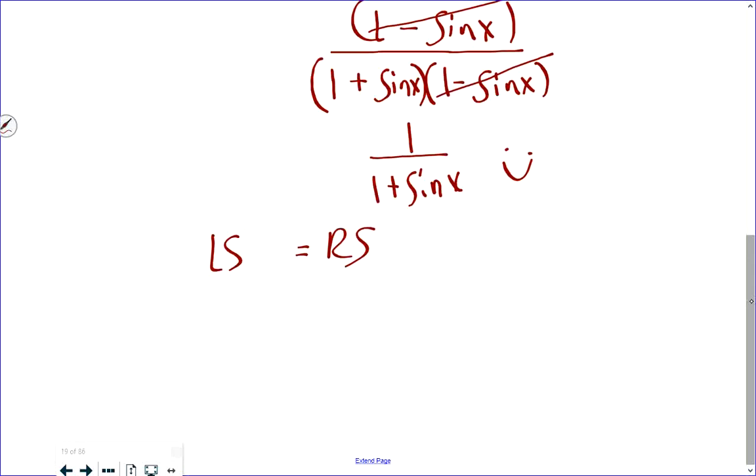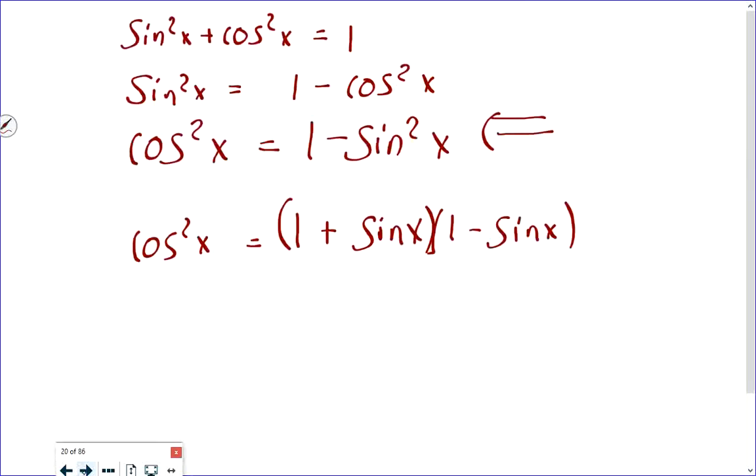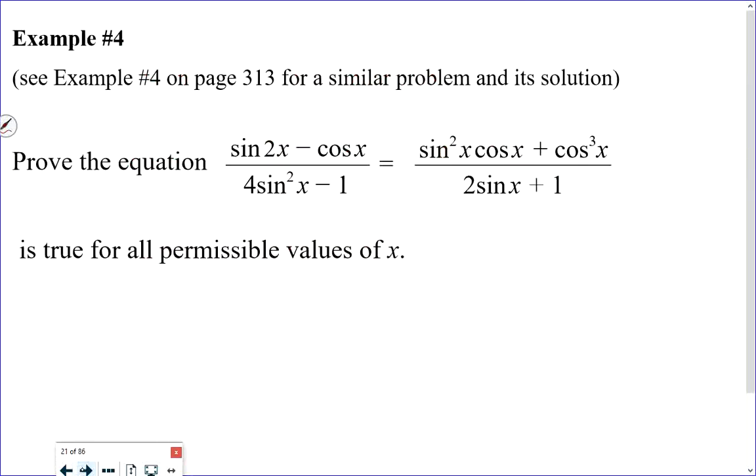And we have one more to do. I don't think we're doing the non-permissible values on the last one. There it is. It does mention non-permissible values or permissible values, but it's just saying prove that it's true for all values of x that are allowed. And this looks intimidating. But every little move we make, every little step we take on that road is an easy step.